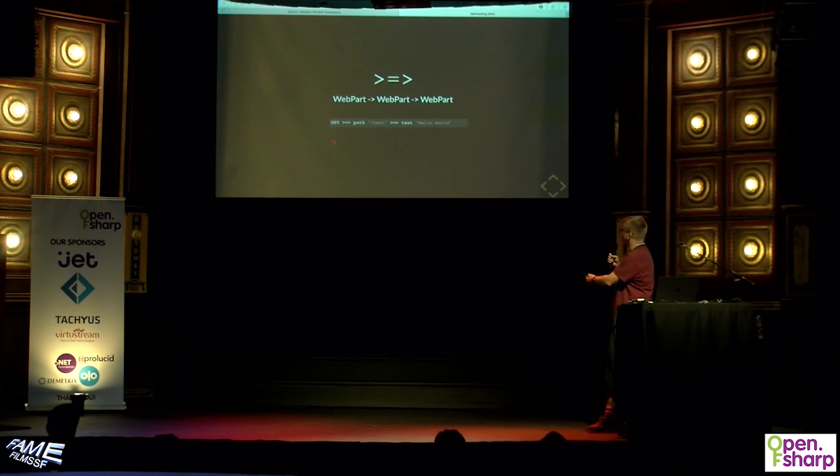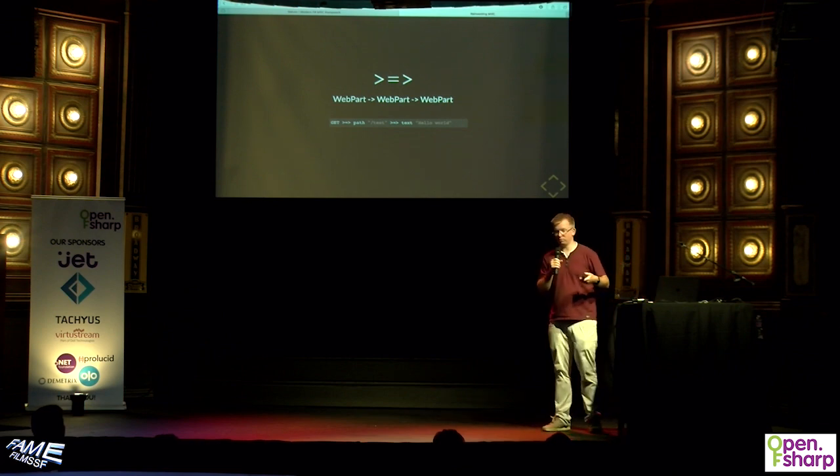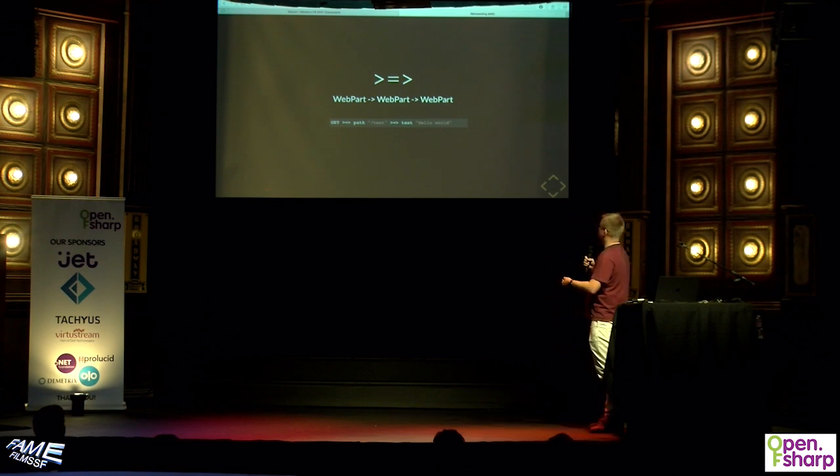So here, in this really simple example, the first web part is called get. This is the web part that will check if our request has the GET HTTP method. If it has, it pushes the HTTP context on. It doesn't mutate the HTTP context at all, it's just doing a check.